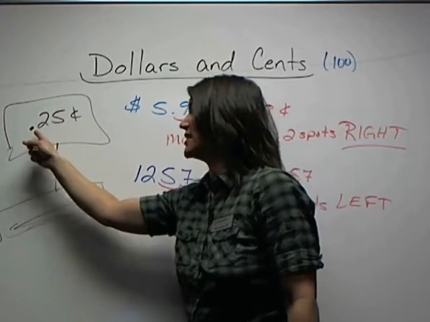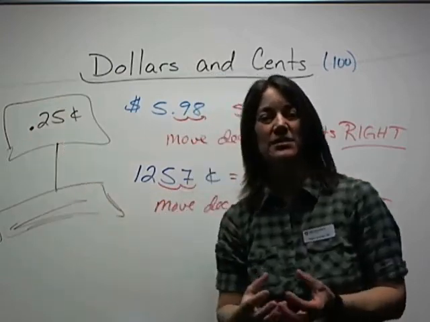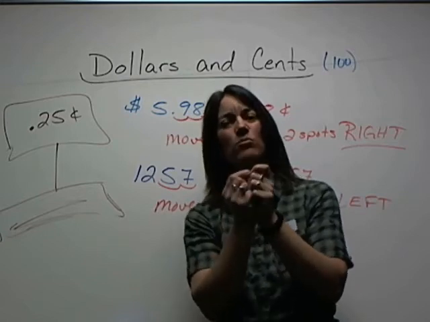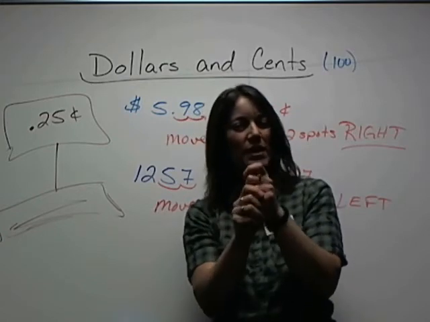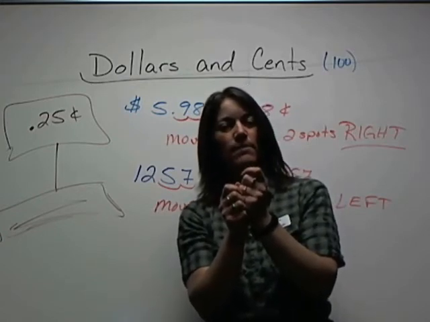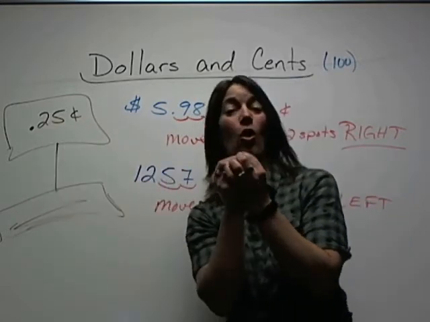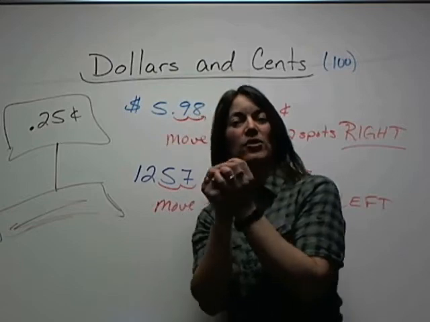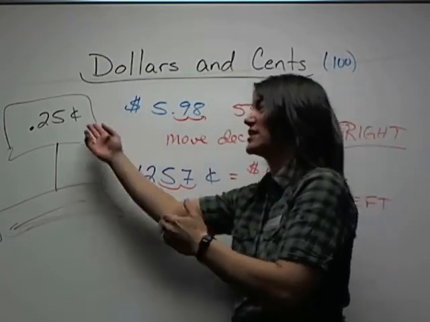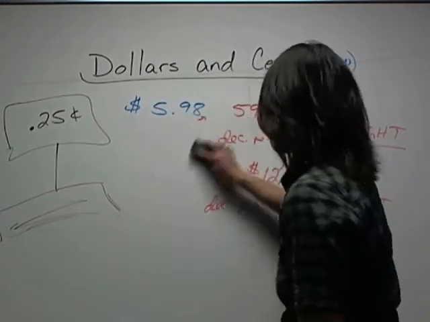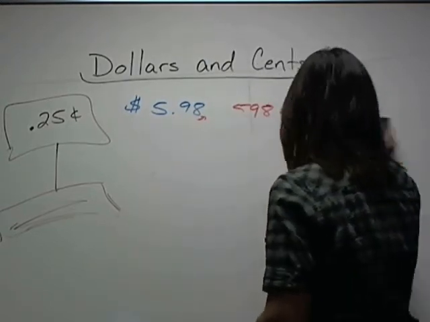You do not have a decimal point when you're talking about cents. Cent is the smallest unit that we can have in our currency. You can't go any smaller than a penny. Can't break it in half. So you're not going to have a portion. Remember, a decimal is a portion of a whole. You're not going to have the decimal point with your cent symbol. The sign should have read one of two ways.